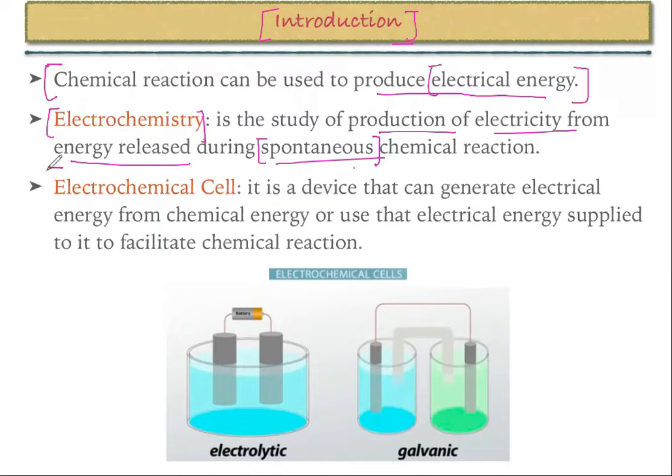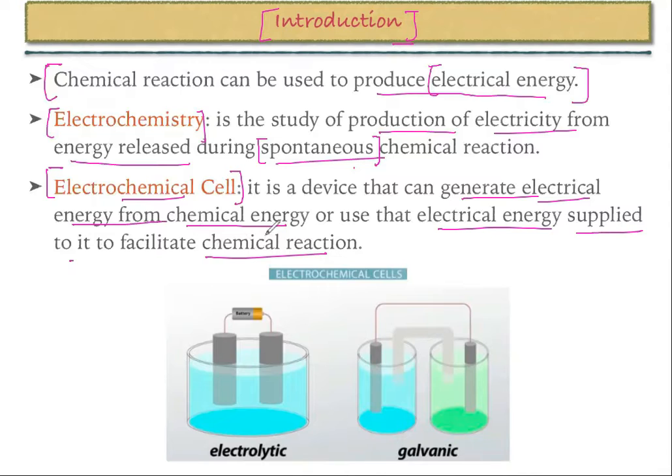Electrochemical cell. This is very important. So what is an electrochemical cell? It is a device that can generate electrical energy from chemical energy, or use electrical energy supplied to facilitate chemical reactions.